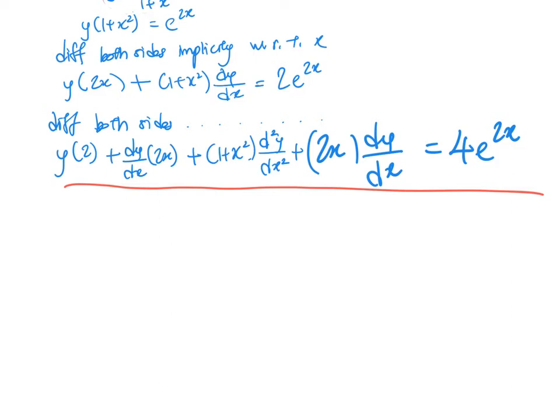This is exactly what we will be doing. So we're going to differentiate the one underlined one more time implicitly with respect to x. Now at this point in time, I think I will not talk so much. Differentiate both sides. You know what to do. So again, this is product rule all over.